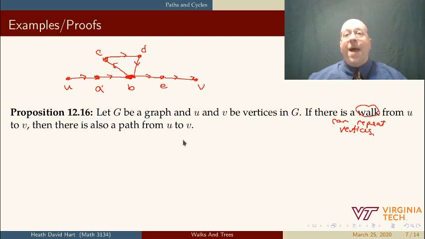How do I create a path from U to V? I cut out the loop from the walk and just go straight to V. Okay? So everybody all right with that?